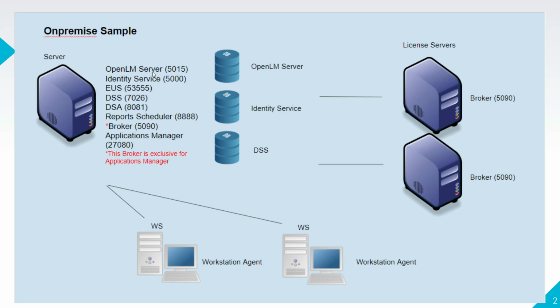And then the report scheduler: if you configure the SMTP server or similar settings in EasyAdmin, it will automatically send the report screenshot and CSV data to the designated email address. Next, I will explain the application manager later, but you can install a broker on the OpenLM server machine, though this is exclusive for the application manager.